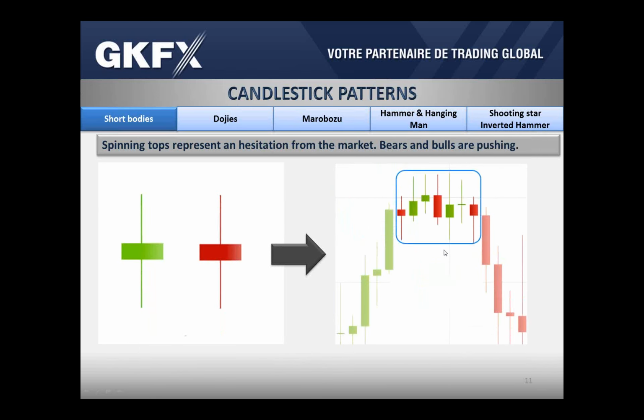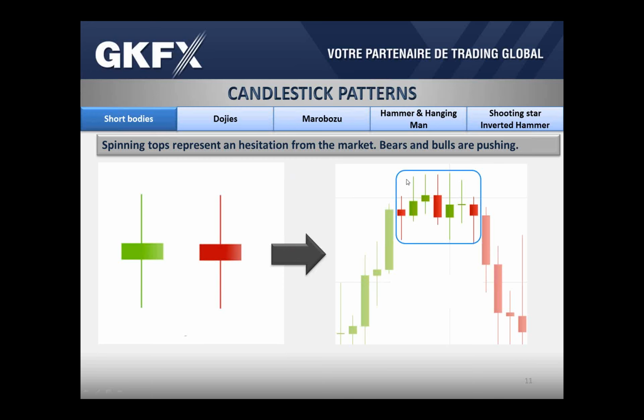Now let's talk about short bodies. Spinning tops represent a hesitation from the market. Bearish and bullish are pushing. There is a confrontation, I would say a fight between sellers and buyers, bearish and bullish traders.